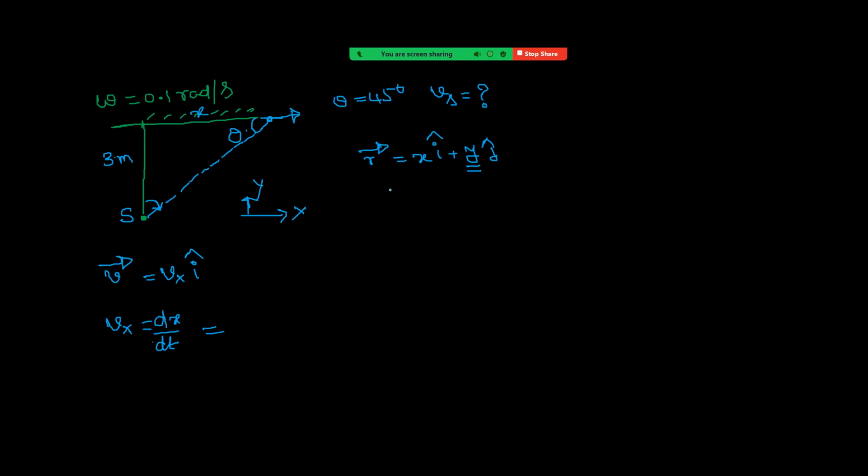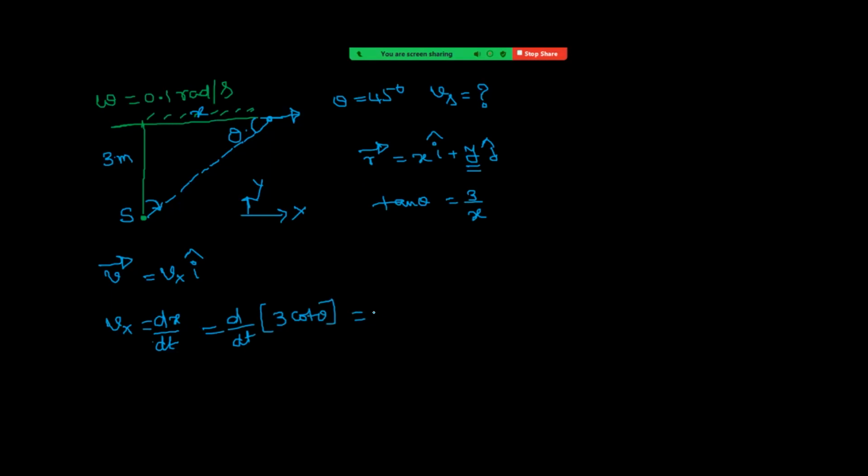If this is x, I can write tan theta equals 3 by x. That means x is 3 cot theta.